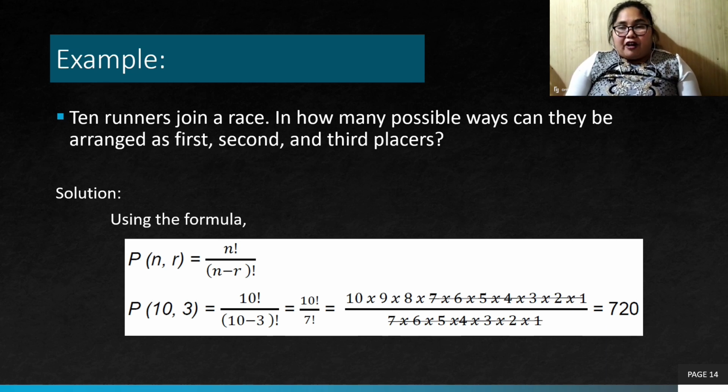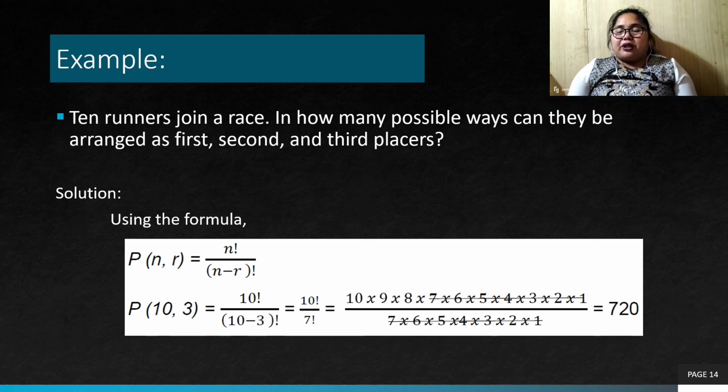10 factorial over 7 factorial. To solve the factorial, you need to multiply all the numbers in descending order. So let's have 10 times 9 times 8 times 7 times 6 times 5 times 4 times 3 times 2 times 1 over the same with the 7 factorial: 7 times 6 times 5 times 4 times 3 times 2 times 1.